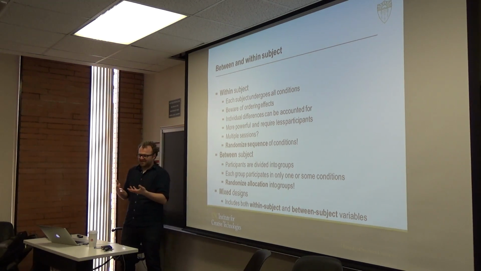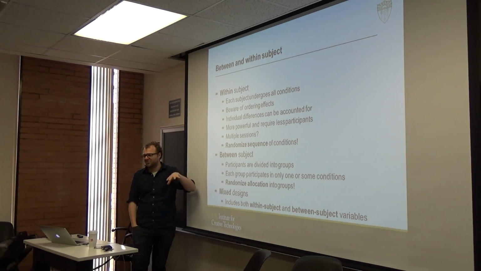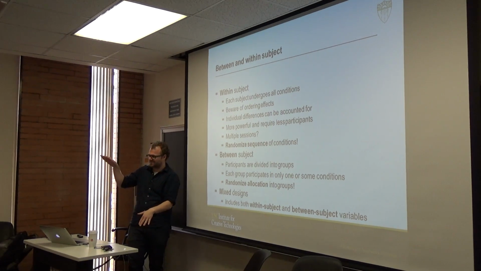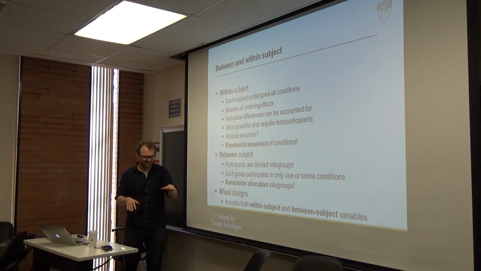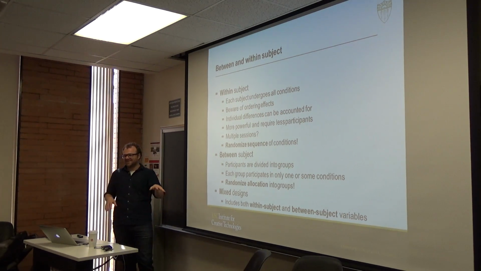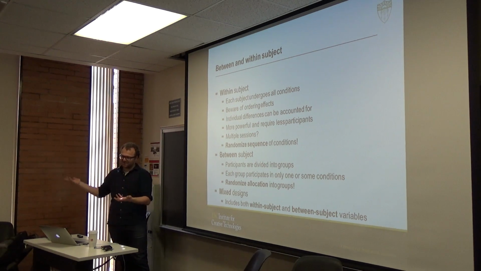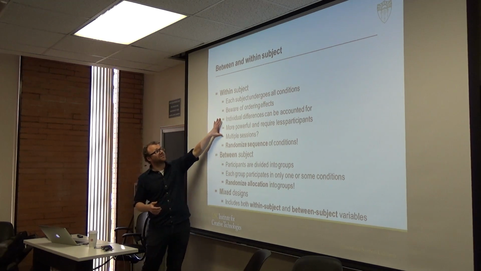Now there's a couple of tricks here, right? Okay, so how do you randomly allocate people into these two groups? Who interacts with A, who interacts with B? You need to be careful there to balance that out. You can't just have everybody under 18 interact with A and everybody over 35 interact with B. So that would obviously be a weird effect there. The same thing here for within subjects.